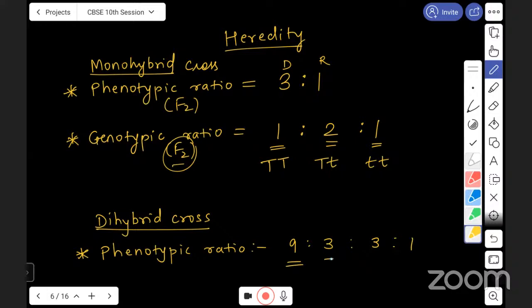Then there are 3 plants which show one dominant and one recessive. Then there are 3 plants in which the first character is recessive and the second is dominant, and one plant out of the 16 in which both recessive characters are expressed. Yes, absolutely correct.